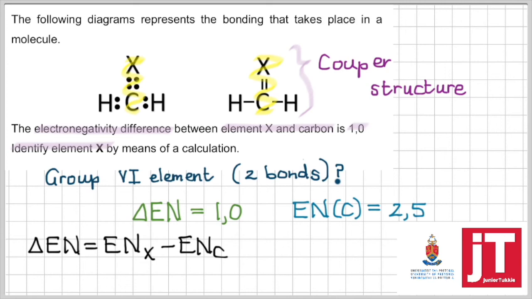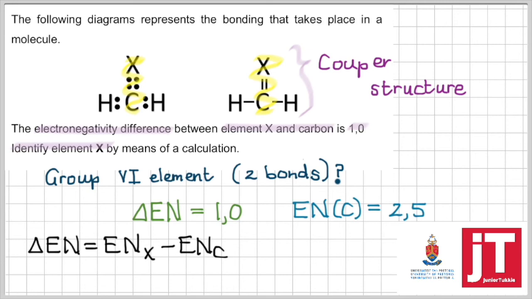Now you might wonder why I said the electronegativity of element X first and then subtracted the electronegativity of carbon from it. Remember that when we calculate the electronegativity difference, we always take the larger electronegativity and subtract the smaller electronegativity.